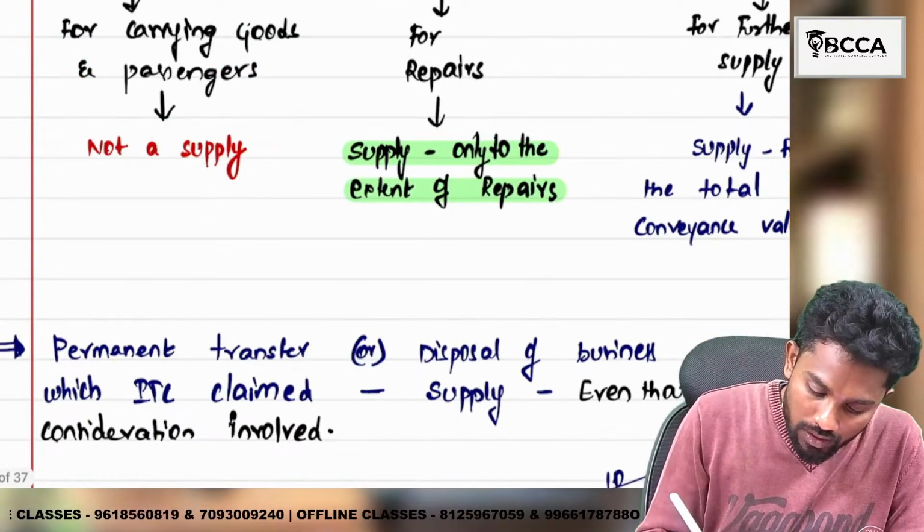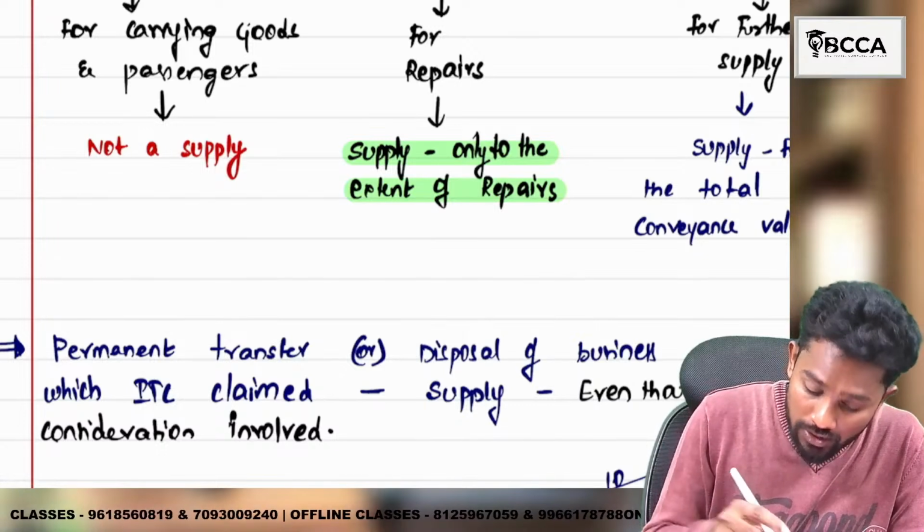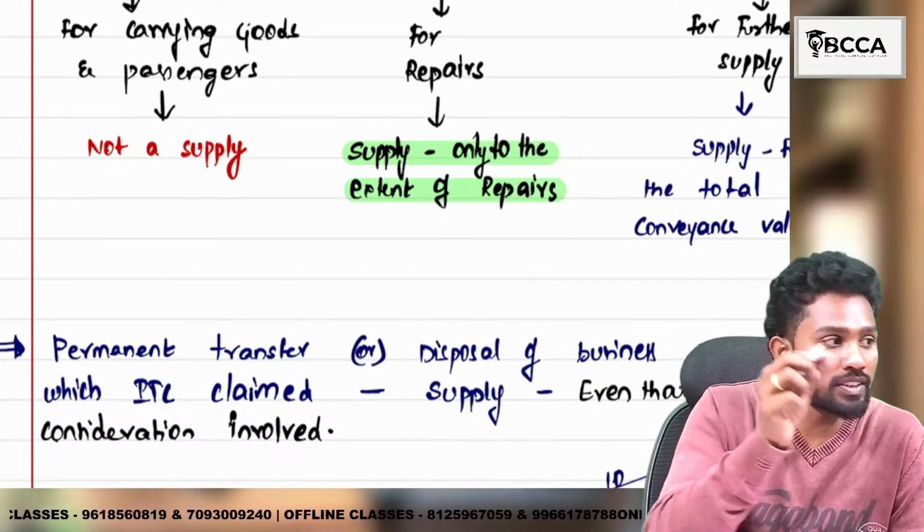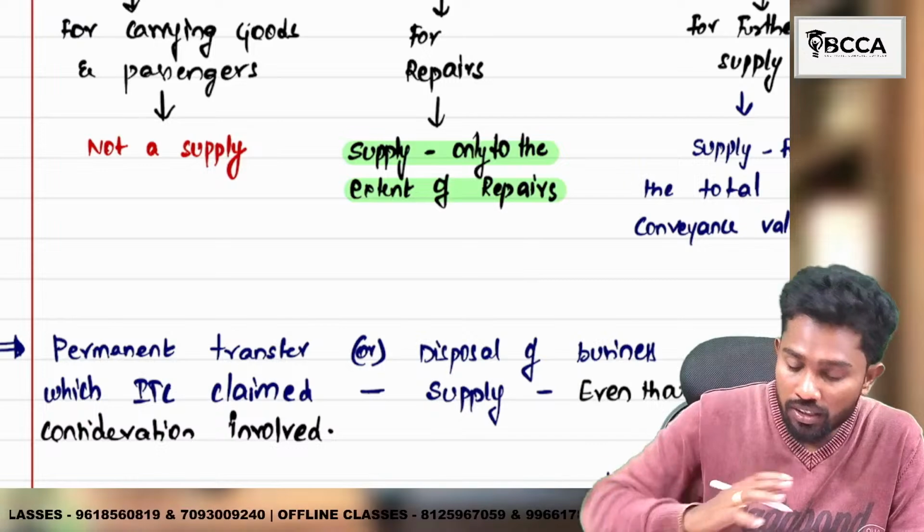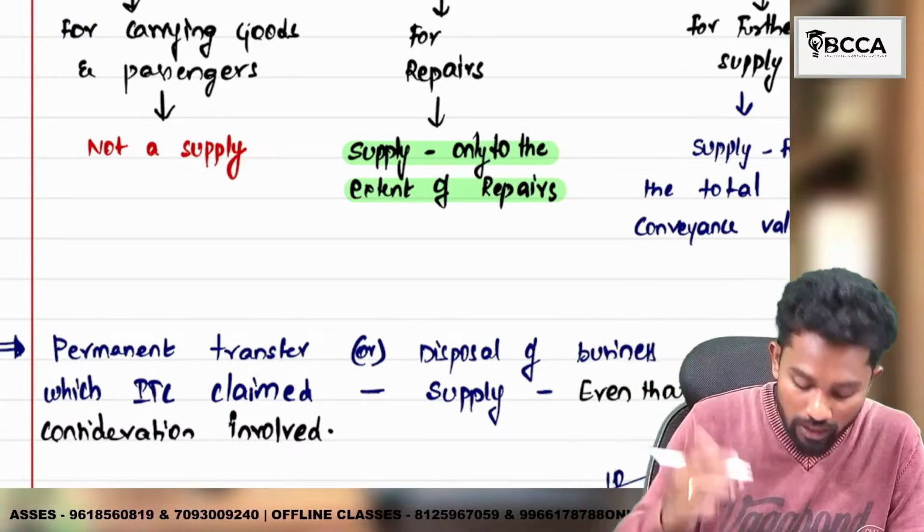If it is sent for repair, then to the extent of repairs it is supply. If it is sent for further supply, then the whole value has to be treated as supply.